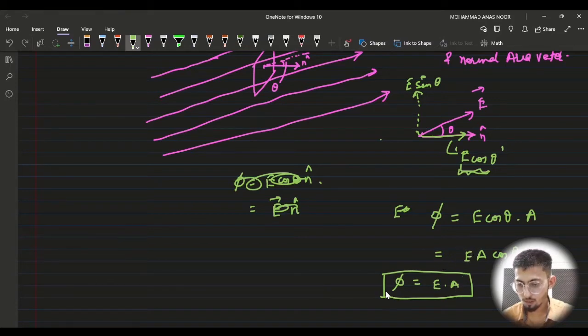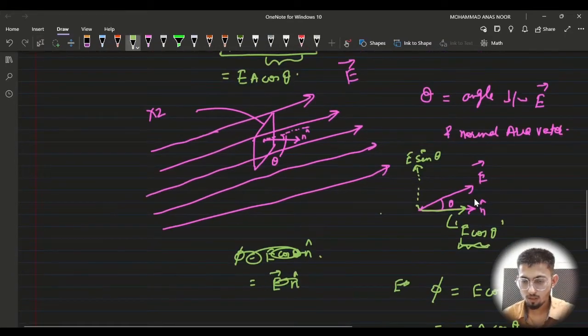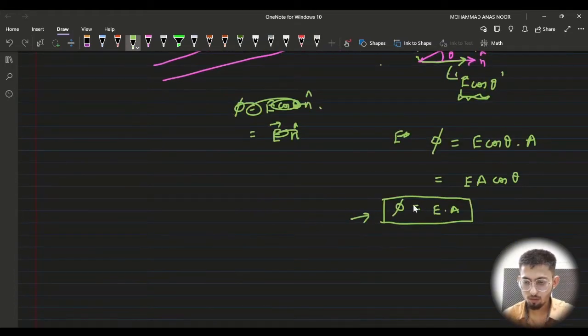That's how this formula came, because we need to find the component of the electric field in the direction of the normal area vector, and that would be E cos theta at all times, if theta is the angle between the electric field and this. Pretty simple. Whenever you need to find the flux phi, you just find E dot A.